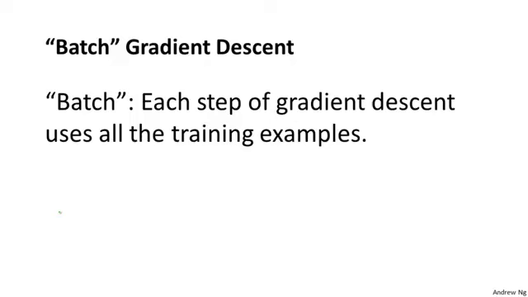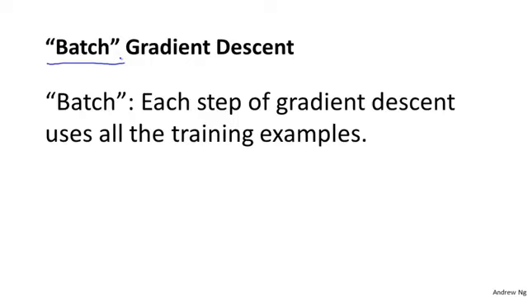Finally, just to give this another name, the algorithm that we just went over is sometimes called batch gradient descent. I feel like us machine learning people are not always great at giving names to our algorithms. The term batch gradient descent refers to the fact that in every step of gradient descent, we're looking at all of the training examples.